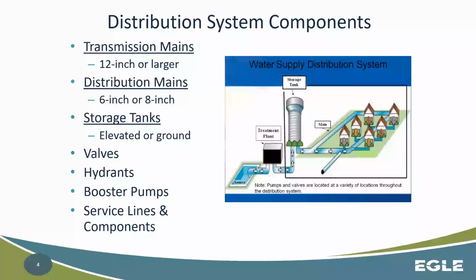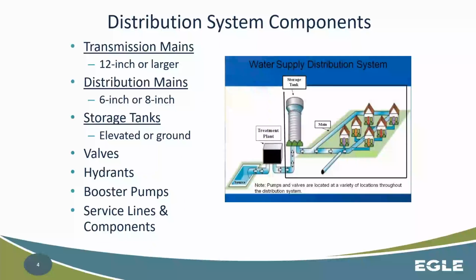Common day, we're probably typically talking 6 or 8 inch mains. Obviously there's still some historical water mains out there, a common one is 4-inch cast iron. Some might have those circulating mains that are 2 to 4 inches throughout the distribution system that we'd also probably consider distribution mains, although it's not typical common practice these days.